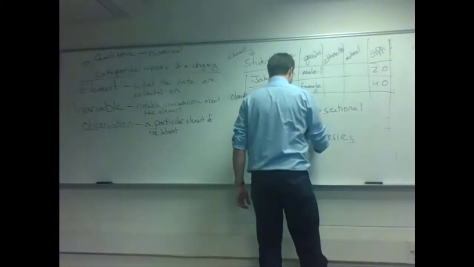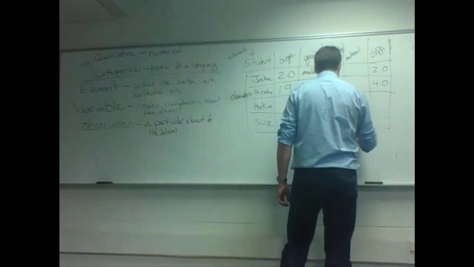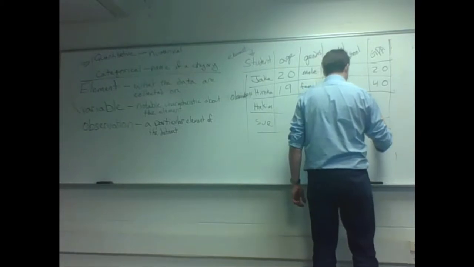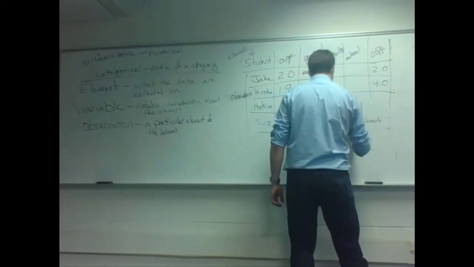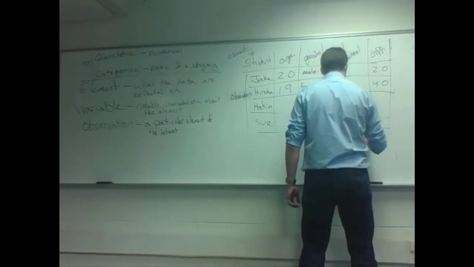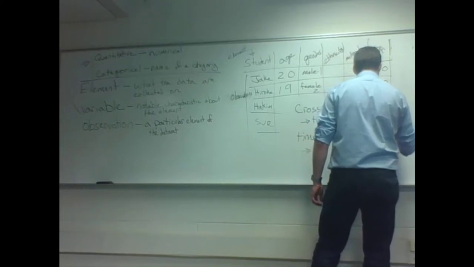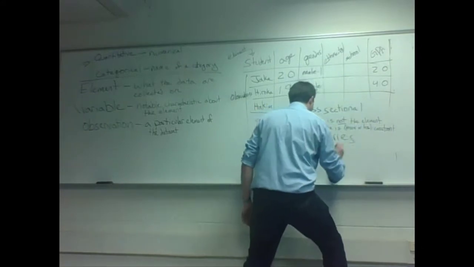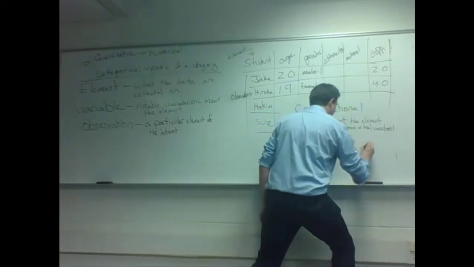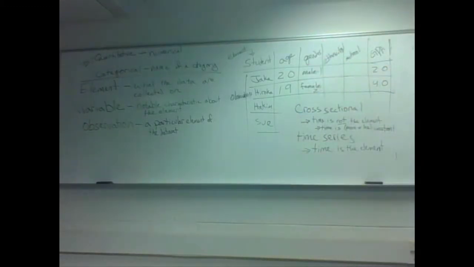So in cross-sectional data, time is not the element, time is more or less constant, while in time series, time is the element. Is this data here cross-sectional or time series?